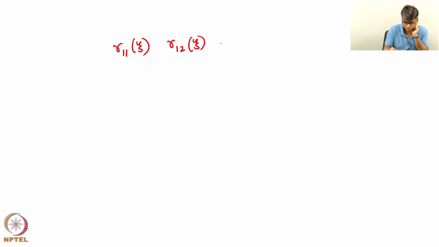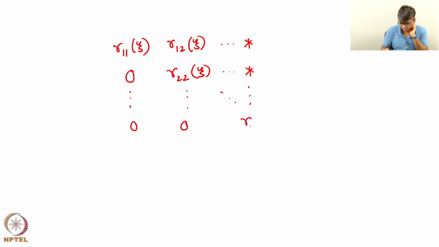what happens when we have an upper triangular shape? R11 psi, R12 psi, 0, R22 psi, and so on, with zeros below, down to Rgg psi.